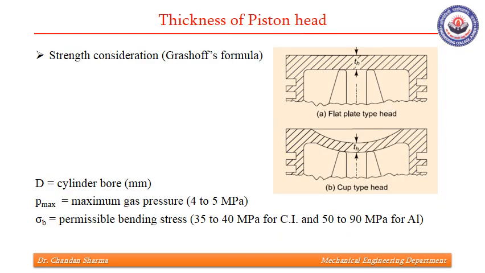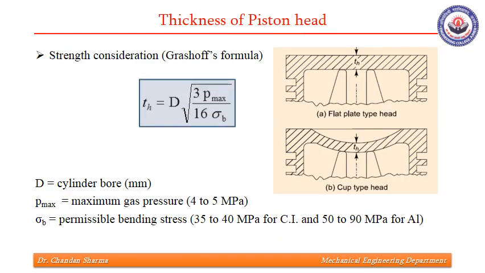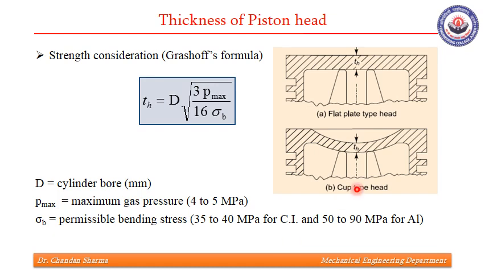Let's first talk about thickness of piston head. We can see over here a piston head can have flat plate type head or cup type head. When the forces are more in magnitude, we need to take cup type head. There are two considerations which are being used for finding thickness of piston head.